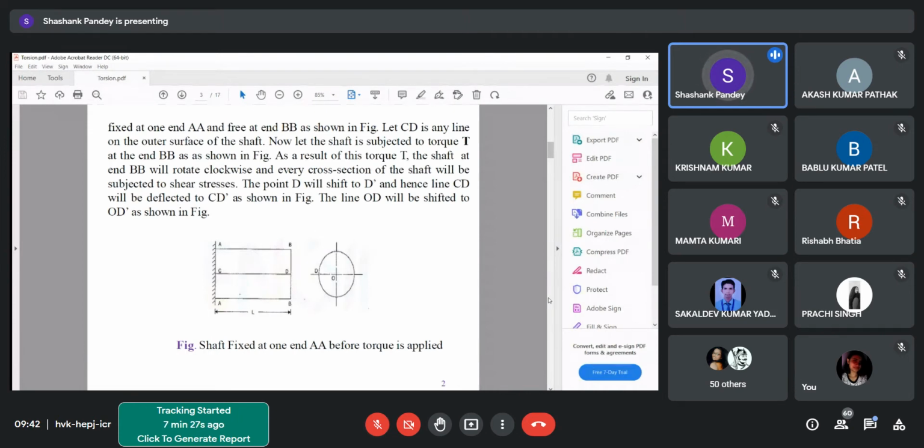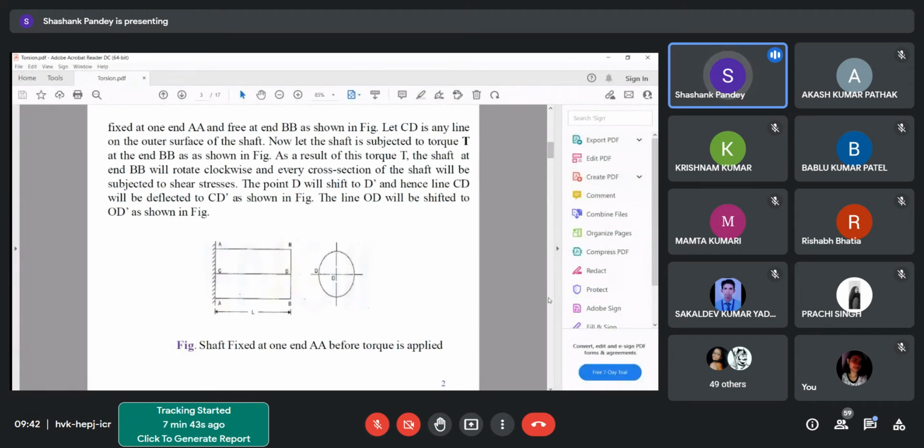One end, A and A, is fixed, and we will provide a twisting effect at point B and B, which is at length L from A and A.